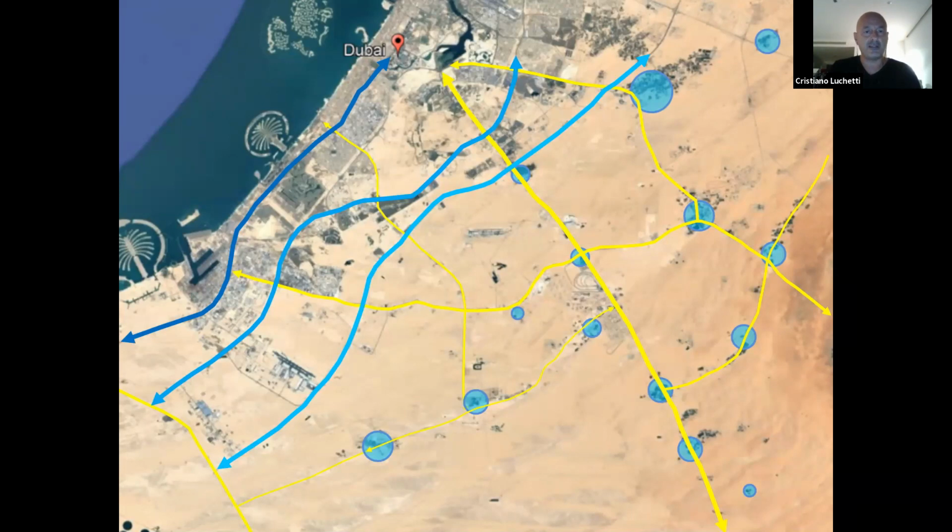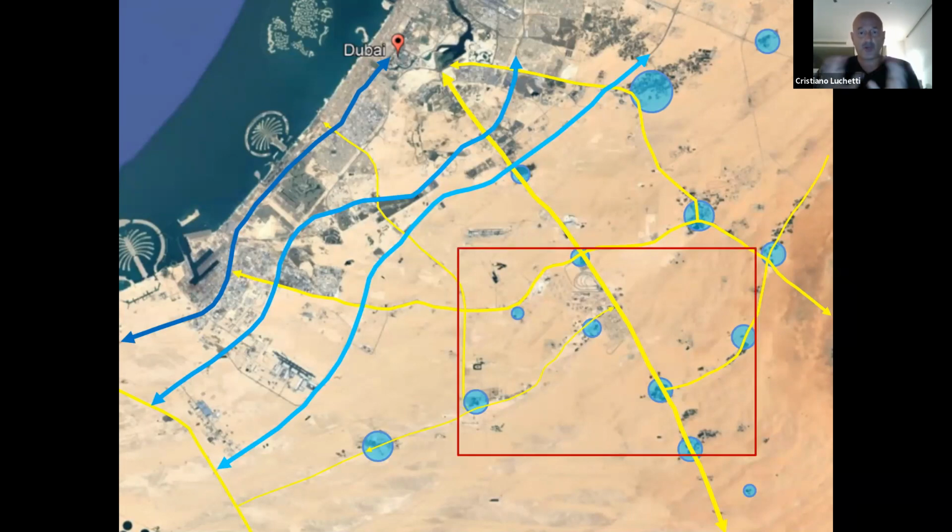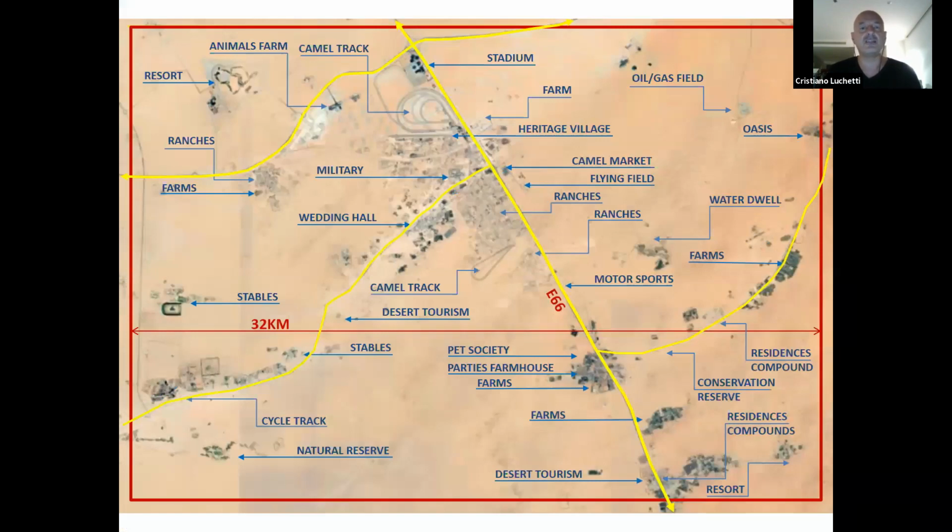And after that, we can then try to figure out a new rectangle. A new rectangle has a different dimension. Let's say, for instance, and very empirically, that this rectangle is 32 kilometers wide. And in the case of Dubai, we can start analyzing all the different functions.